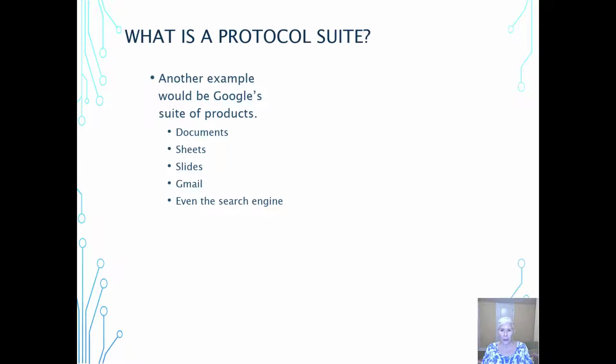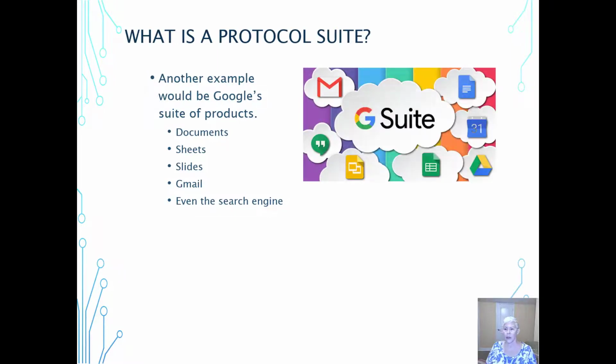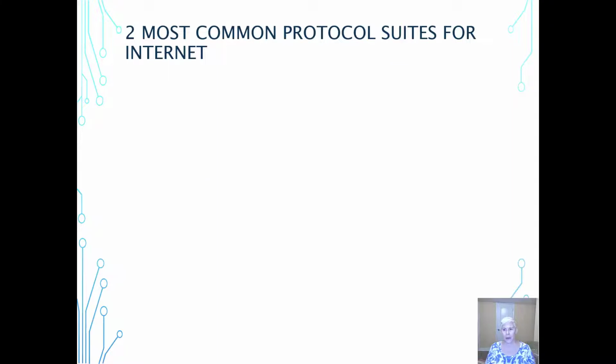Again, this is a little bit different than the actual OSI model or the TCP IP model. It's just to kind of get across the way in which these different products might work together and how they fall within a suite. Google has Documents, Google Sheets, Google Slides, Gmail, the search engine, etc. So these are products that Google offers as a suite of products.